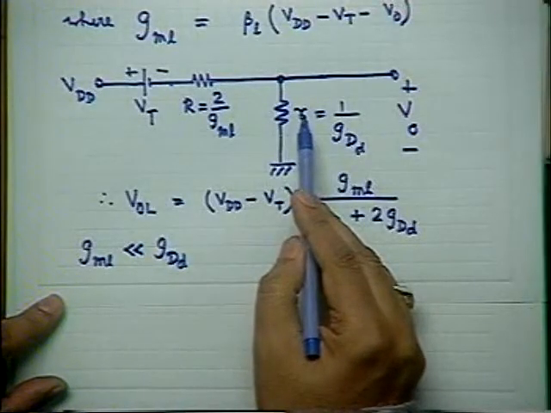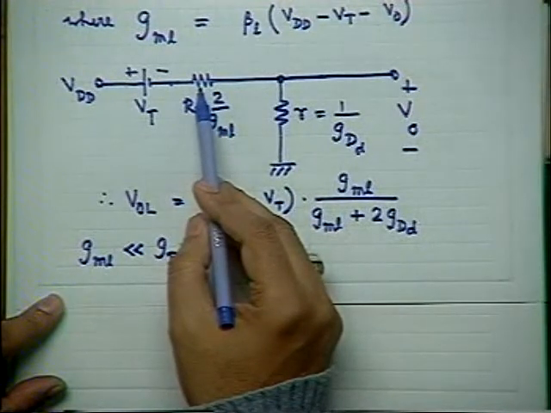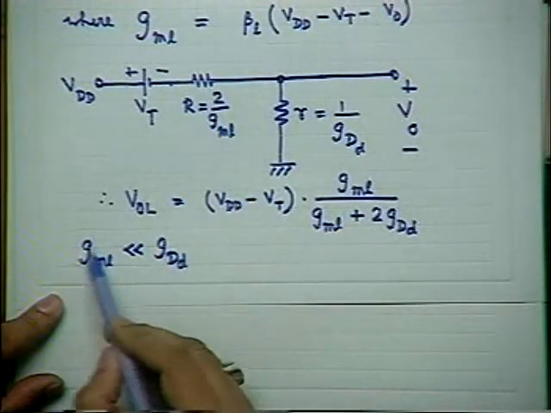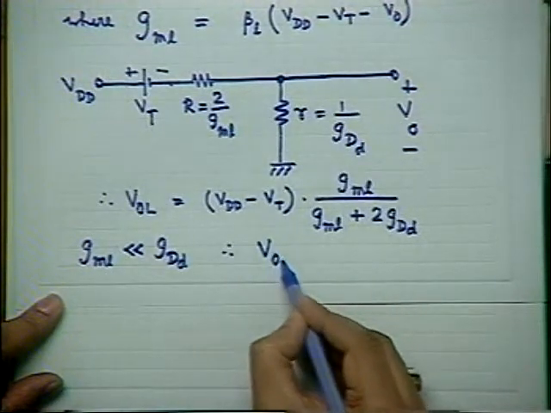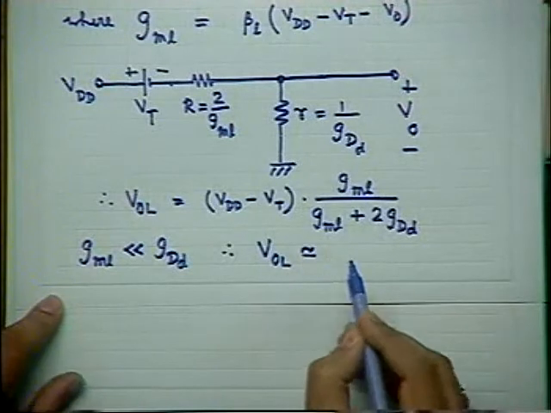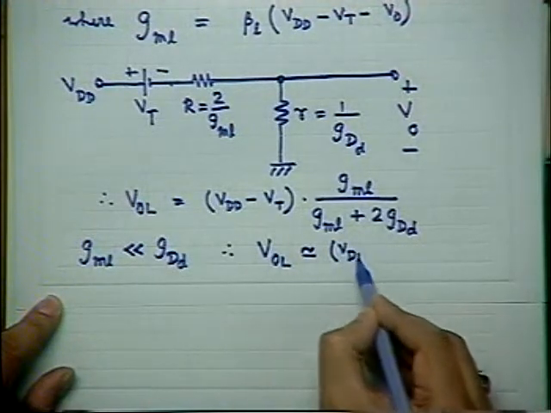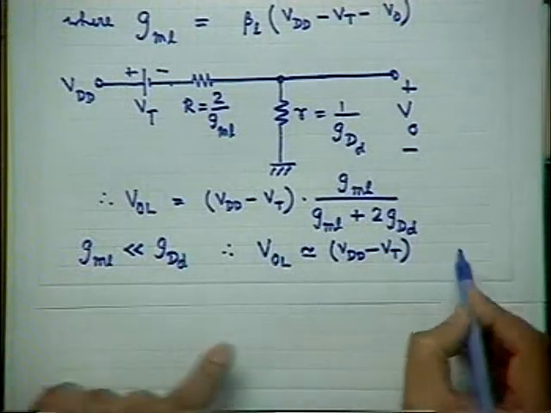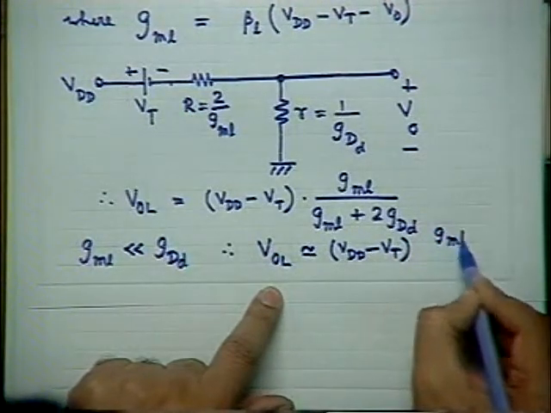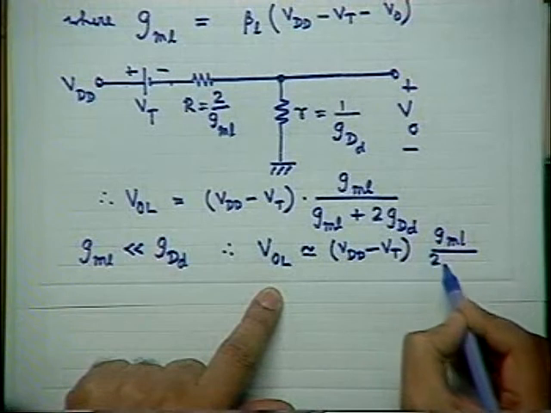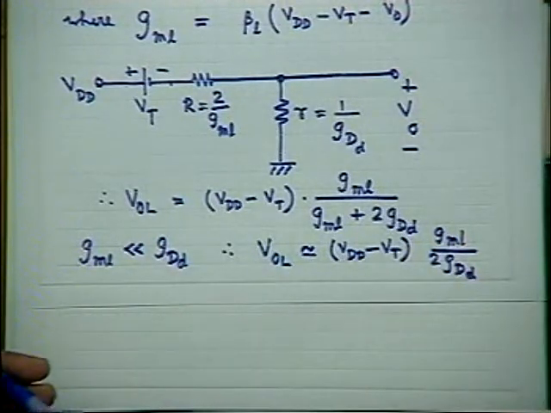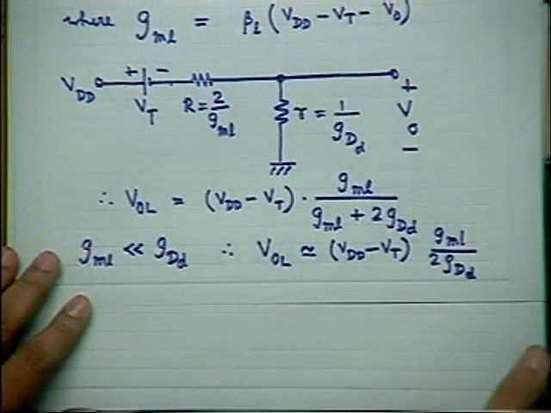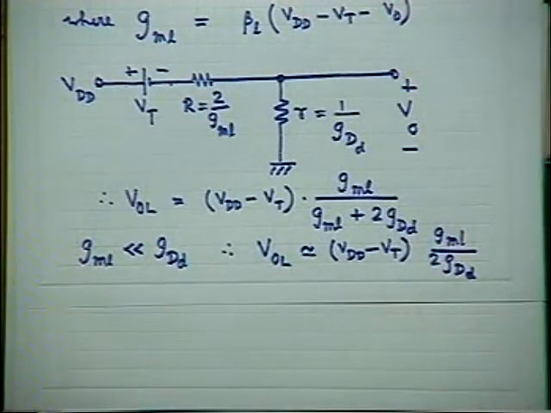Naturally, therefore, the conductance of the driver transistor will be large compared to that of the load transistor, and this condition is usually satisfied, and therefore VOL is further simplified to (VDD minus VT) into GML divided by twice GDD. And this equation can be used now to calculate the value of VOL with less difficulty.